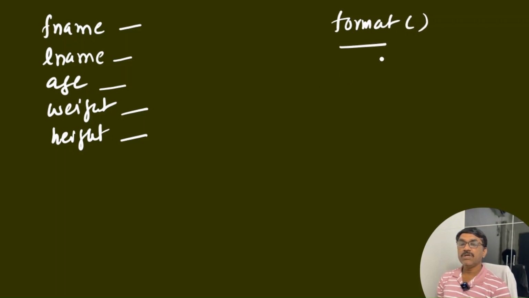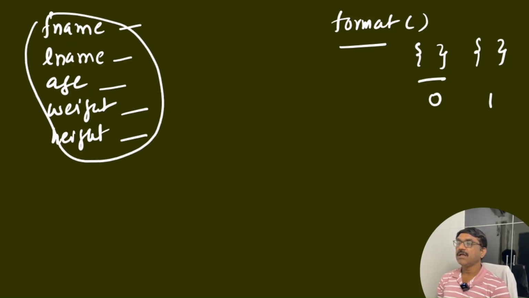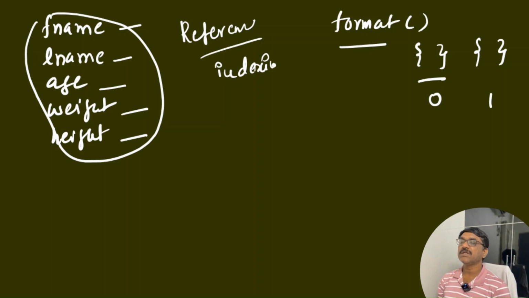we know that the placeholders are replaced with the curly braces. In the curly braces, you can also use the index values. Index values. What do you mean by index? See here, the variables like fname, last name, age, weight, and height, you can access these variables through the references, or you can refer to these variables by using the concept of indexing.